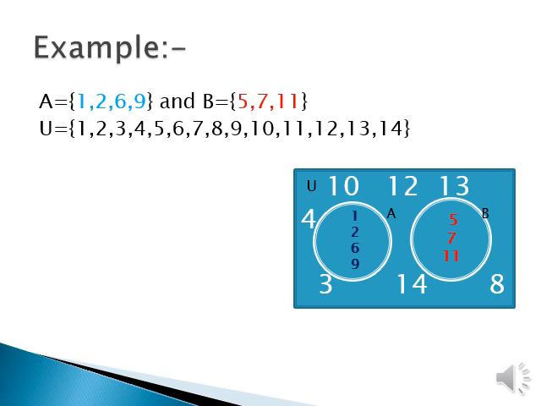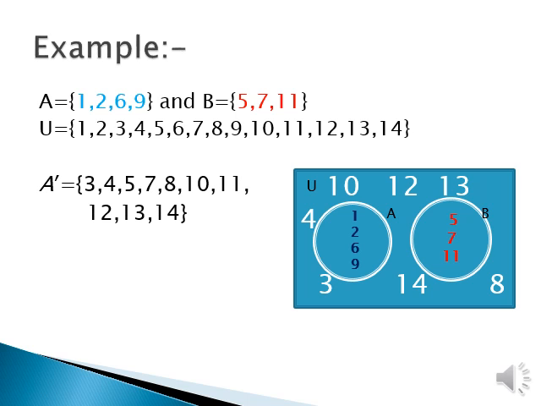But now if we want to write the complement of set A, at that time we are not going to consider the elements of only set A, but we are going to consider the elements of set B also, because those elements are also not present in set A. Similarly, for B, we are not going to consider the elements 5, 7 and 11, but the elements 1, 2, 6, 9 will be considered. We'll see here properly.